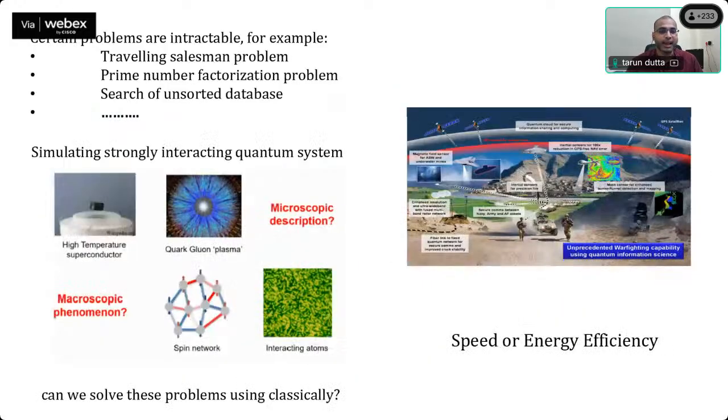The other thing is that there are certain known problems, like the traveling salesman problem, the prime number factorization problem, or search in an unsorted database. You cannot solve these problems using a classical computer, or even if it is possible, it will take a huge amount of time.